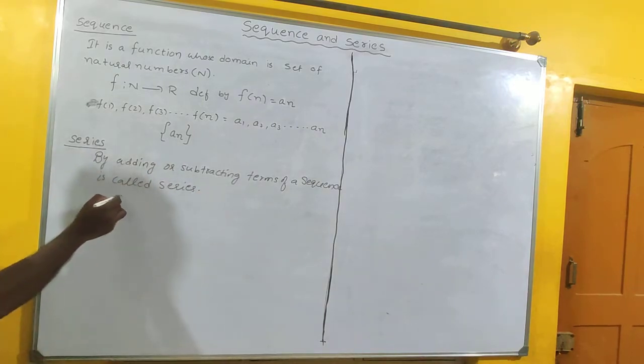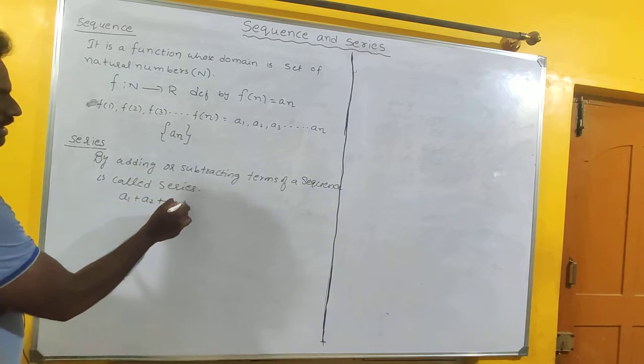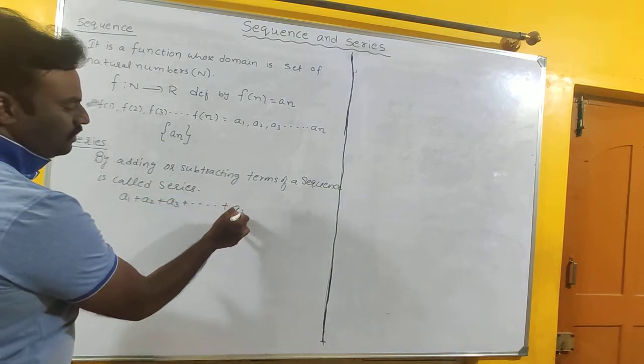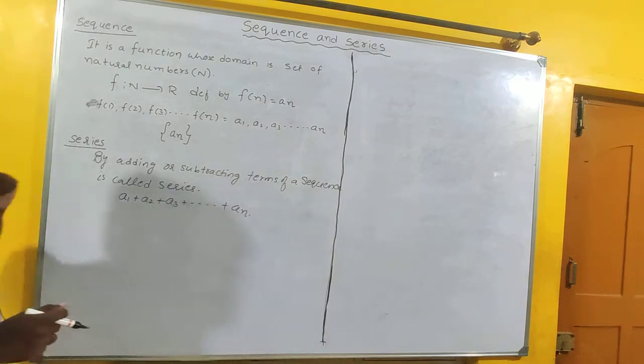The series looks like this: a1 plus a2 plus a3 plus and so on. This is the definition for series.